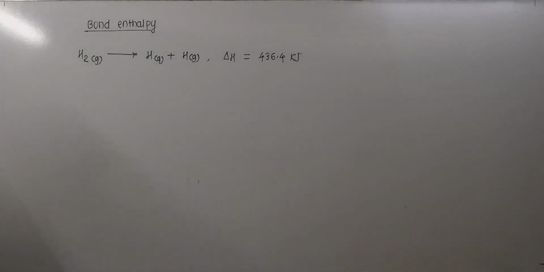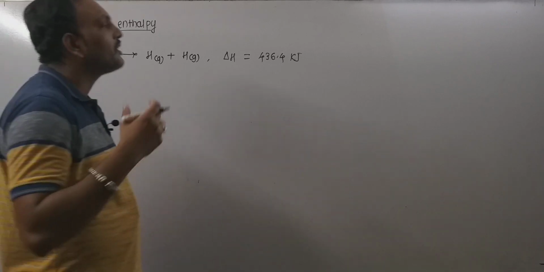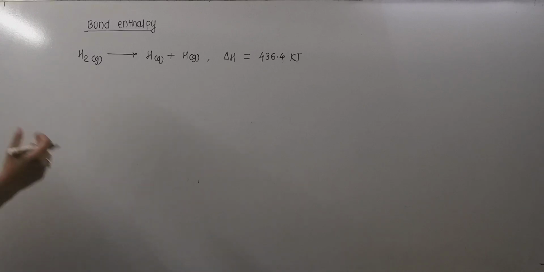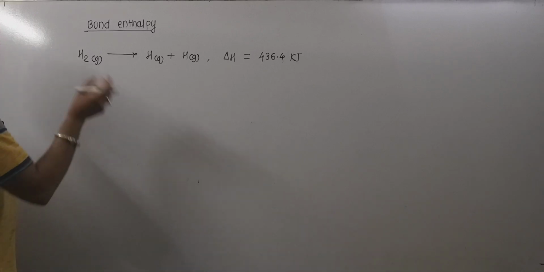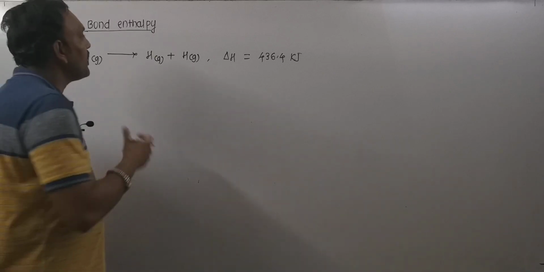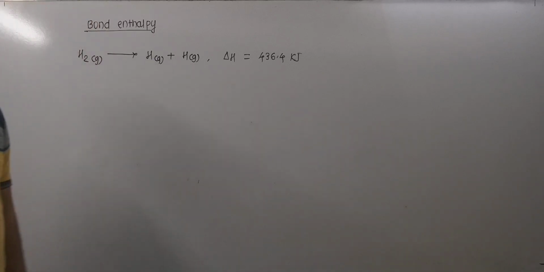So 436.4 kilojoule is the amount of energy required to break the bond in 1 mole of H2 molecules, ultimately to convert these into gaseous atoms.